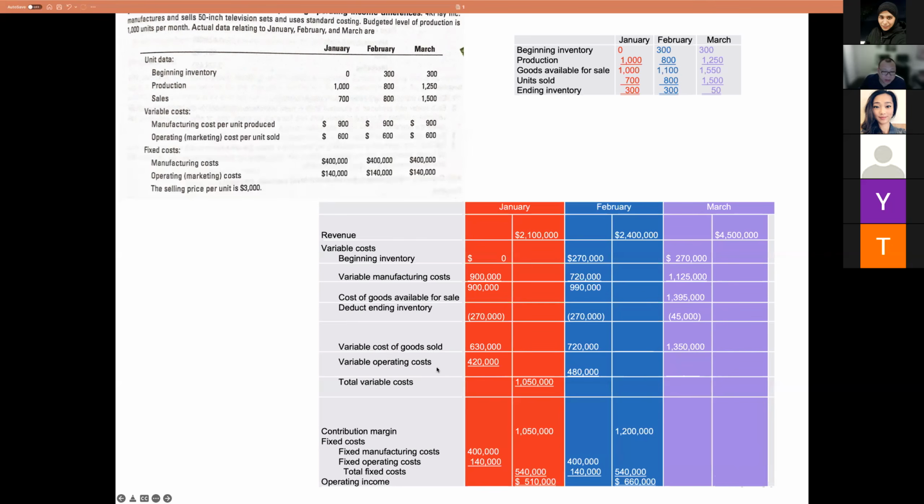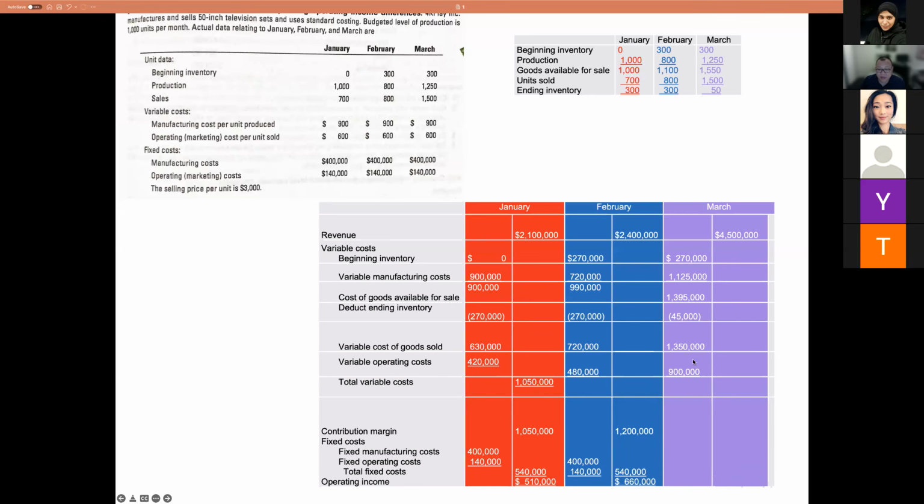And the variable operating cost will be based on sales. They sell 1,500 units, each $600 per unit. So that will be 1,500 times 600, that's 900,000.